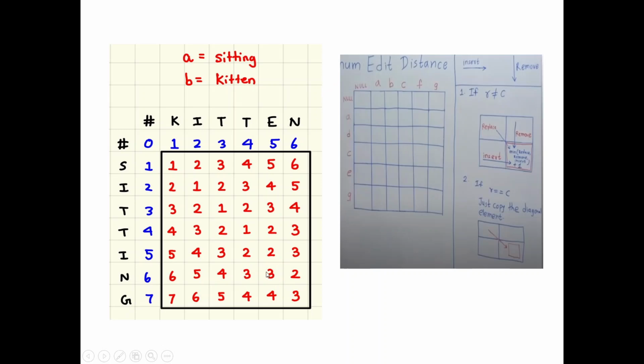Where you get the arrow mark, at that place you check whether your answer is correct or not. So I have to add G at the end, substitute S instead of K, and after that substitute I instead of E. So totally three operations are needed to convert the string kitten to sitting.